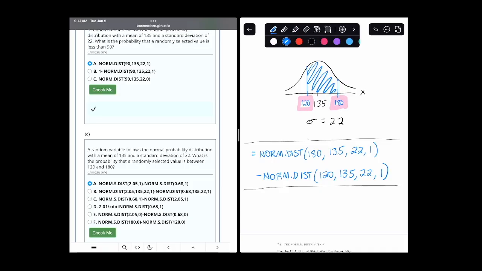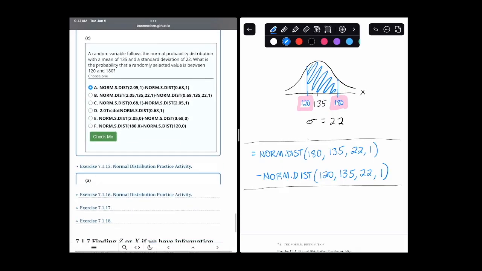So we could find the z-score for 120 and the z-score for 180. Try doing that and then seeing if any of these options match what you would get if you thought about this using z-scores instead of doing what we did right here. So it's just trying to get us to think about a different way to do this same problem.